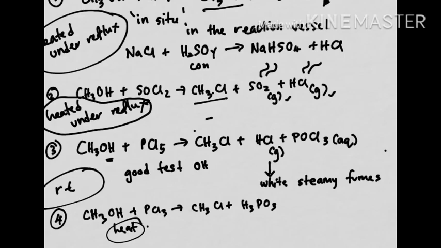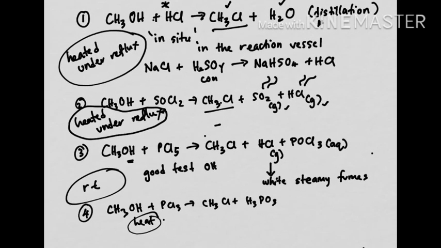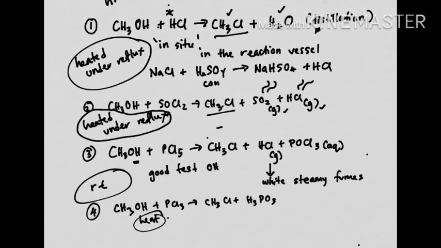So it's going to be different from the third one, if you are using PCl5. So these are the reactions where you can form the RCl, basically a halogenoalkane containing chlorine.